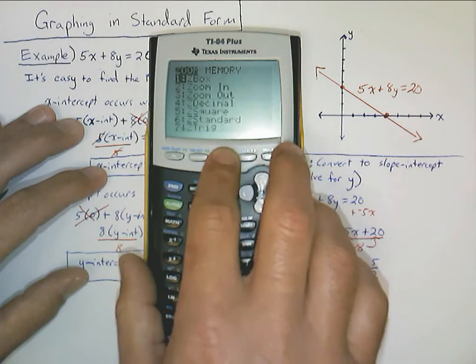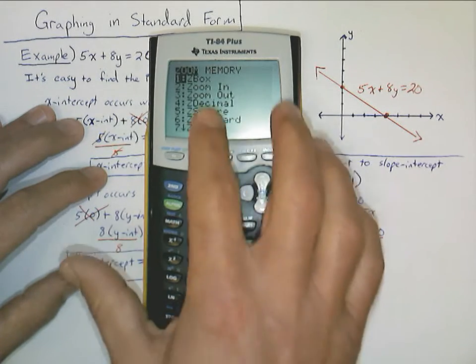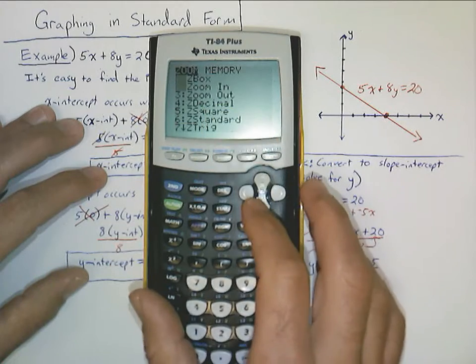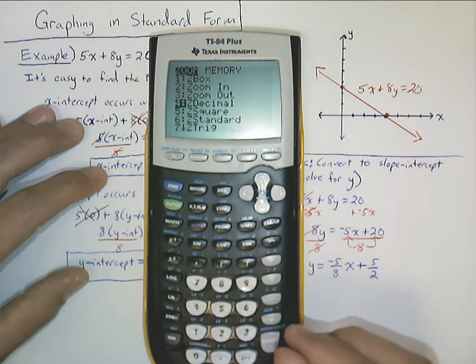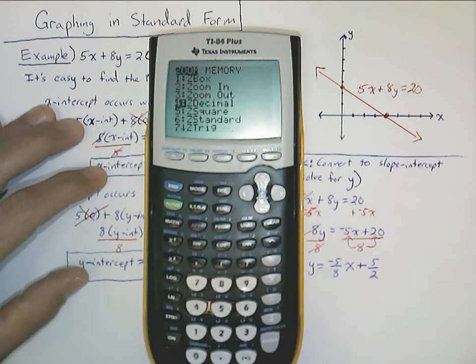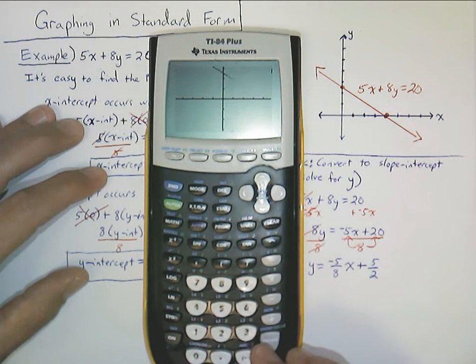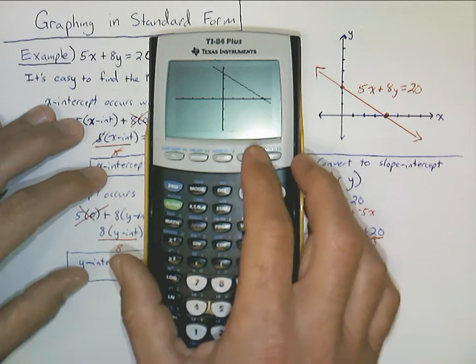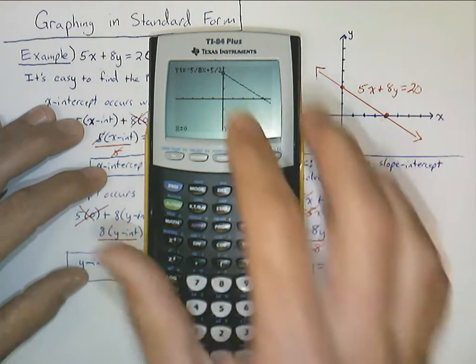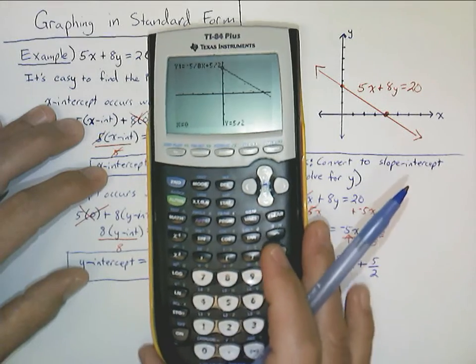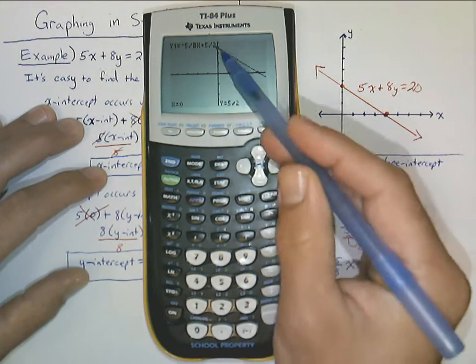If we go to zoom, what I did there was I went to zoom, and then this zoom decimal is a handy little feature, because it puts 1 pixel every 10th on your graph. So when we graph this, when we hit trace, see where our cursor is at? Oh, it tells us what the y-intercept is right here.